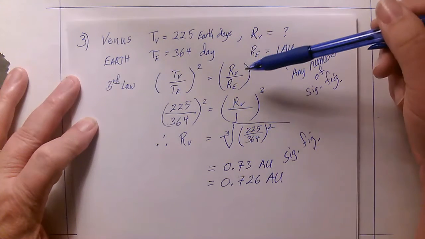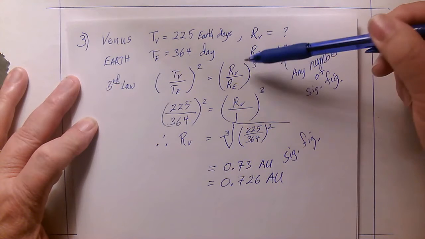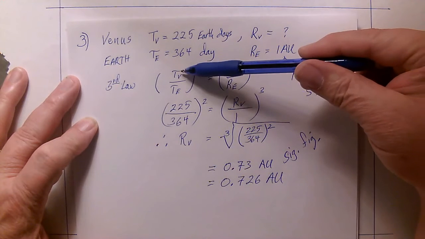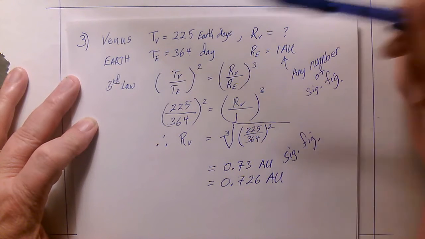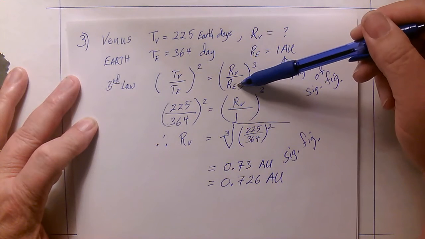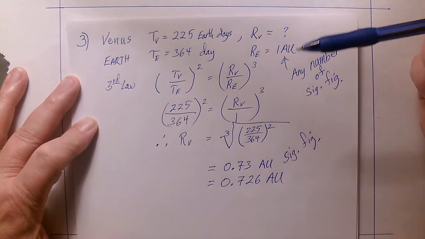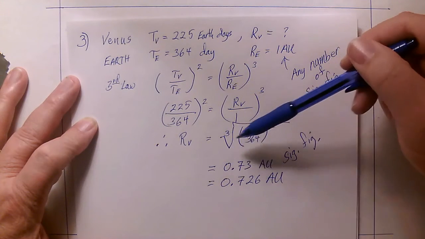So the third law, putting the unknown on top, RV over RE quantity cubed is equal to TV over TE quantity squared.